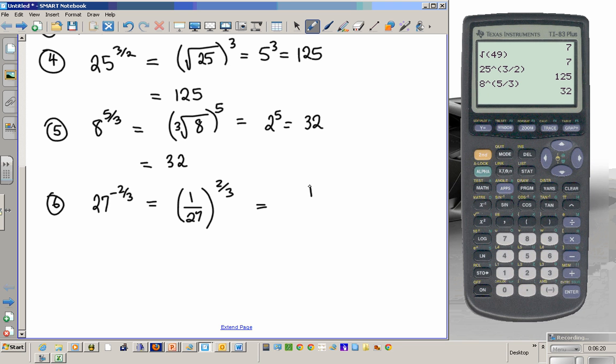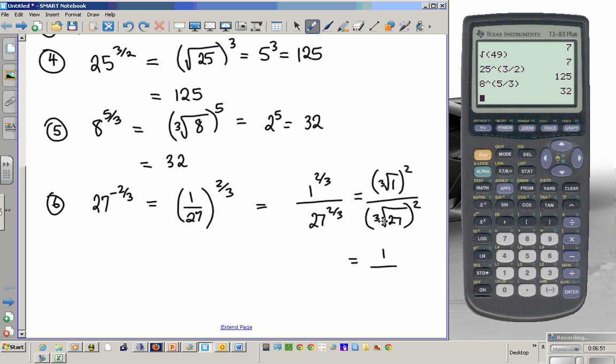Then it's the cube root of 1 squared over the cube root of 27 squared. The cube root of 1 is 1, and when I square it, I get 1.